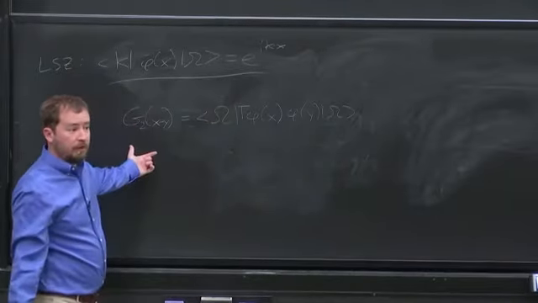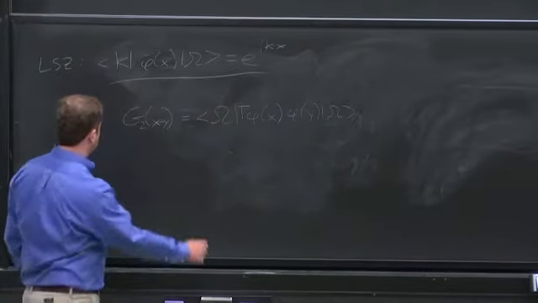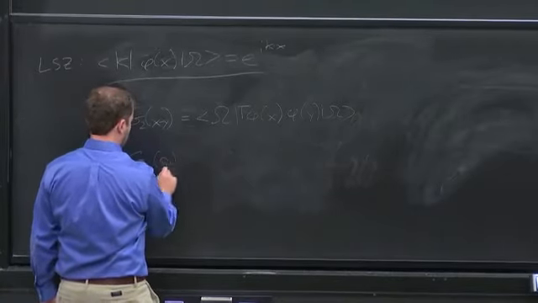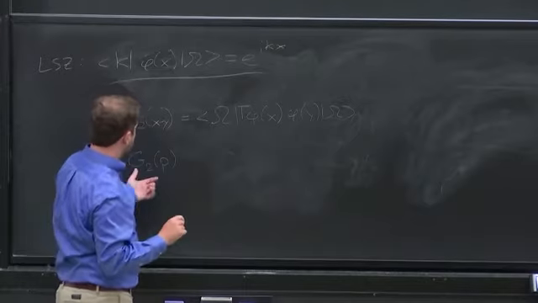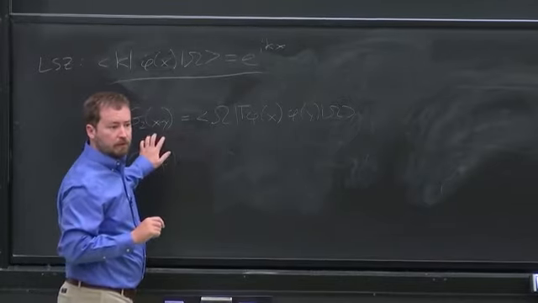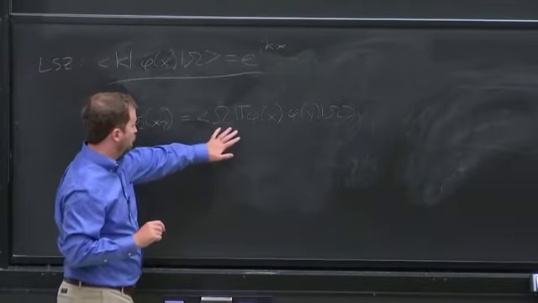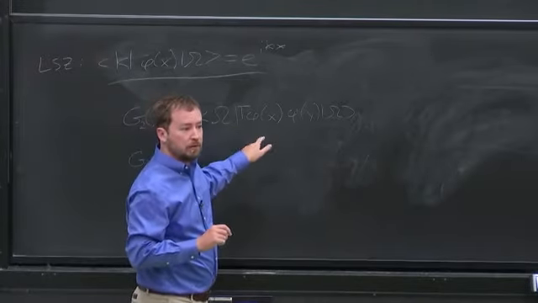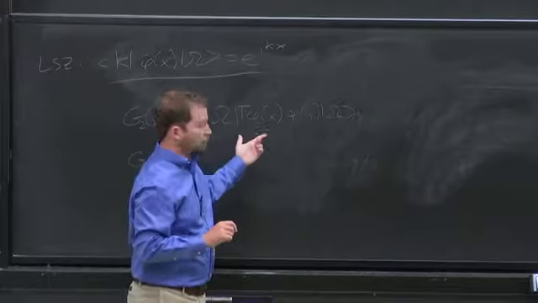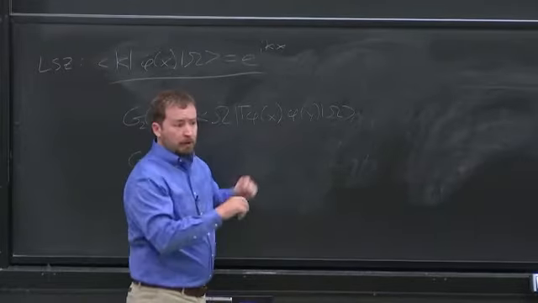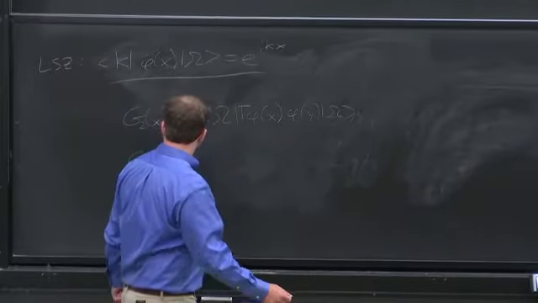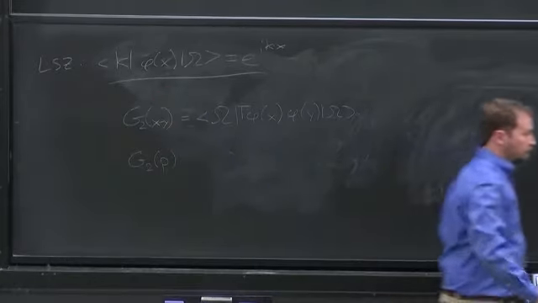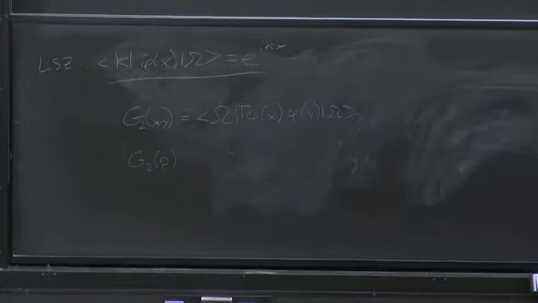I can also define a Fourier transform of this. And because of the translation invariance, the Fourier transform will only depend on a single variable, not two. Physically, that's basically because this propagator will conserve momentum.